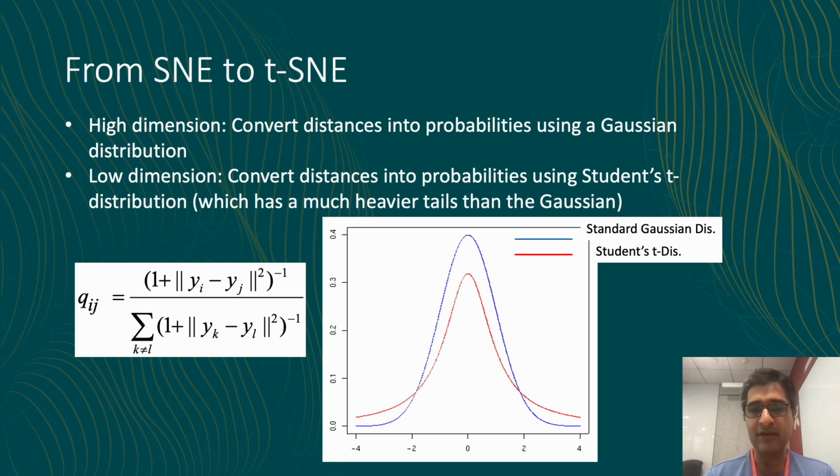That was the primary contribution, according to me, of this particular t-SNE paper, where they said that in the lower dimensional space, it's very important for the heavier tails to be modeled. So modeling the heavier tails in the lower dimensional space gives you better results overall, compared to not having the t-distribution model the process of converting distances to probabilities in the lower dimensional space.